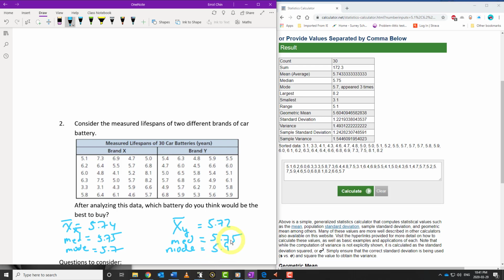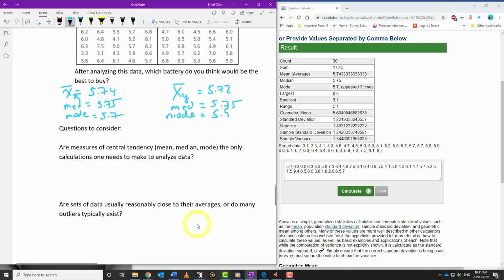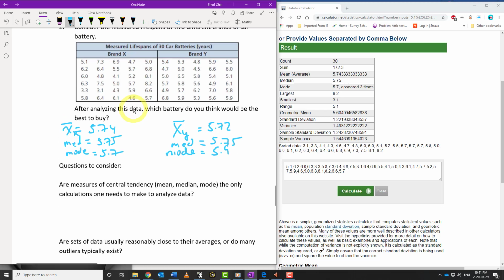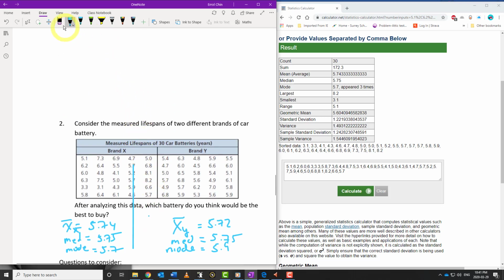So when it comes to describing which one's the better battery, you have to ask yourself, which battery has, on average, the better lifespan? Well, which data point, mean, median, or mode, would best describe the data? If you take a look, do you have any crazy outliers? Anybody that's pulling the average up or down?